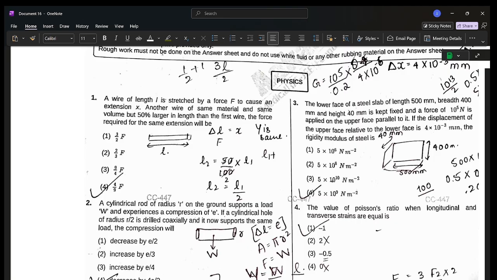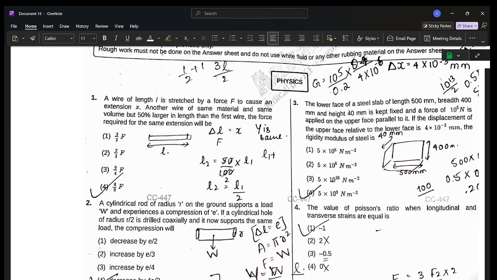Now they've told us there is another wire, but it's of the same material. So what remains the same? Y, Young's modulus, remains the same. Same volume: if volume remains the same, that means A1 L1 will be equal to A2 L2. Simple. And they've told us it is 50% larger in length than the first wire. The meaning of it is L2 is L1 plus 50% of L1.